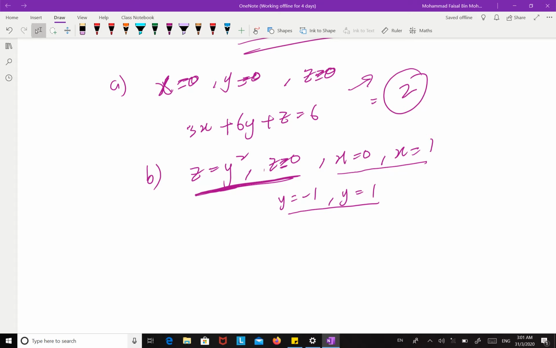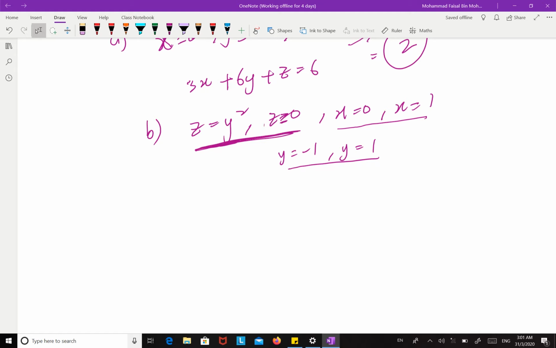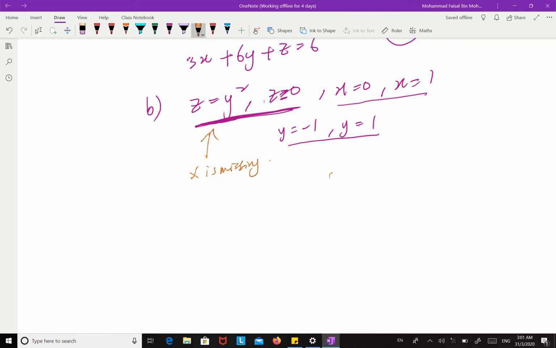Okay, we see here, I try to draw first. So when Z equals to Y, X is missing. So it is project to x-axis. Okay, remember. So try to draw first.